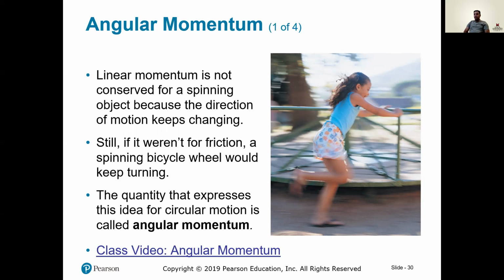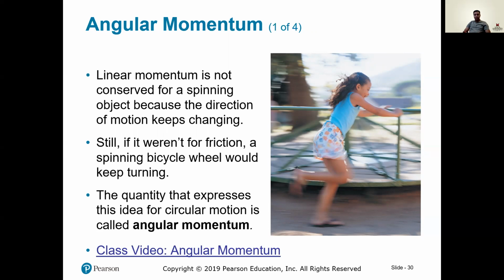Finally, we have to deal with some of the new topics like angular momentum. We have worked with linear momentums, right? But here, we are going to learn about a new quantity, which is not surprisingly not very different from what you have already learned. The linear momentum is basically mass times velocity, right?